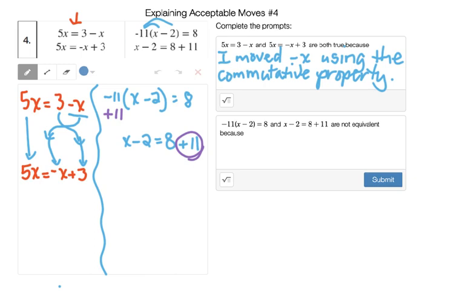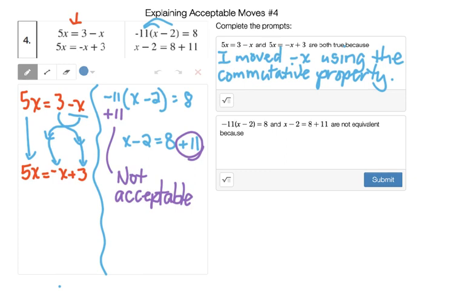And when they added 11, you can't do that. This is not acceptable. It's not a balanced move because you are multiplying, and I can't go from multiplication to all of a sudden adding to both sides. So that is why this isn't true. It's not equivalent because they added 11.